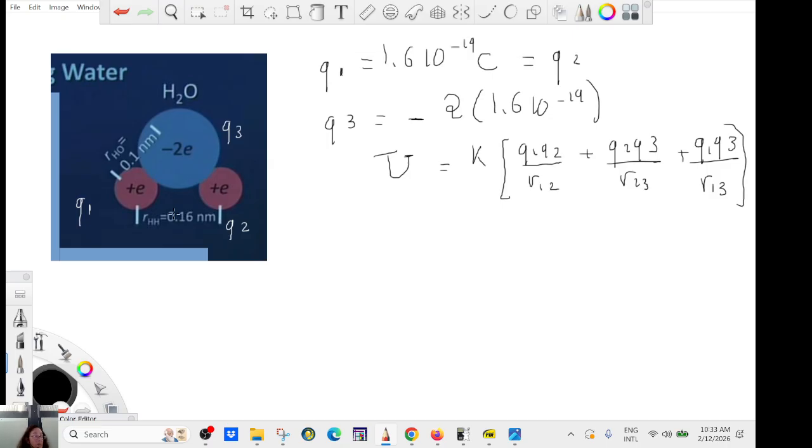So plug it in. It will be between this and this, that and that, and that and that. Keep E, so you don't have to deal with the scientific notation to begin with. You keep E, and here you keep minus 2E when you start the computation.